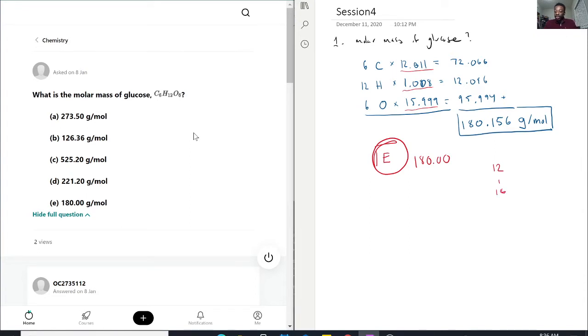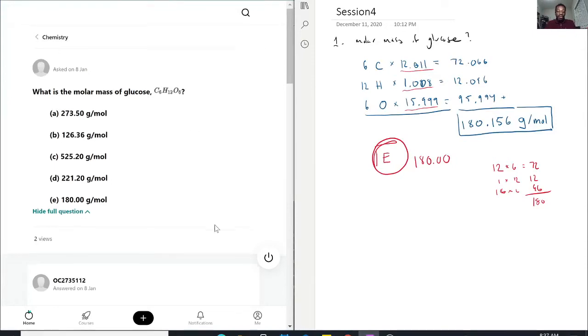If you just did the same thing and multiplied it, you'd get 72 plus 12 plus 96, whoops, it's 12 hydrogens, sorry. And all this does indeed add up to exactly 180. So that's most likely what happened here.